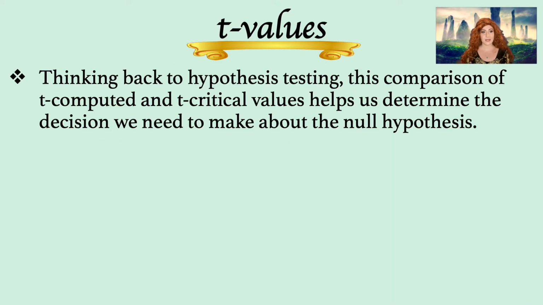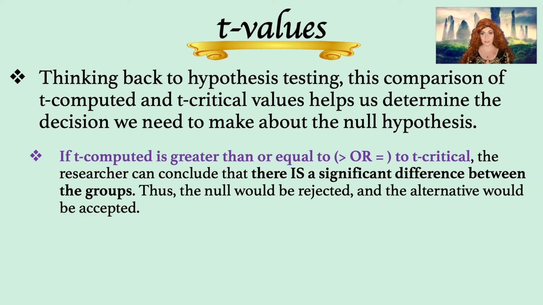So thinking back to hypothesis testing, to connect the dots, the comparison of t-computed and t-critical values helps us determine which decision we need to make about the null hypothesis. If t-computed, the value that we calculate, is greater than or equal to the t-critical value, then our conclusion is that there is a significant difference between the groups.